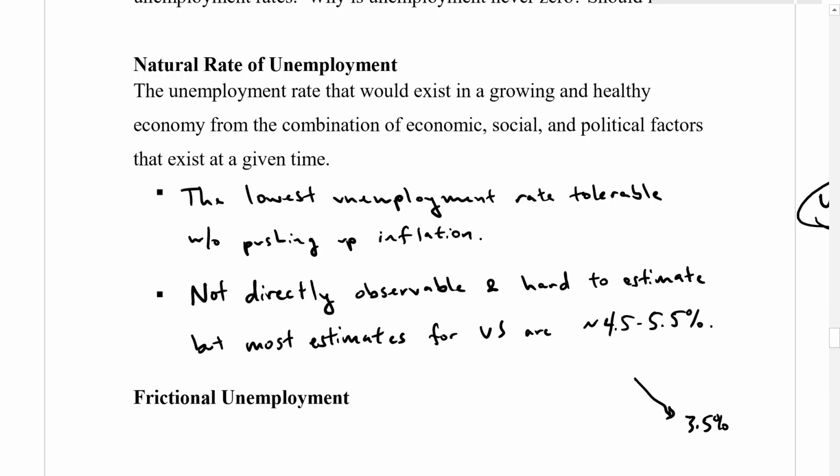And so that's going to be an interesting thing to watch as we recover from COVID-19 and enter into a period of recovery as our unemployment rate ticks back down. So again, another video specifically on the current labor market situation is coming later. Okay, that's the natural rate of unemployment.